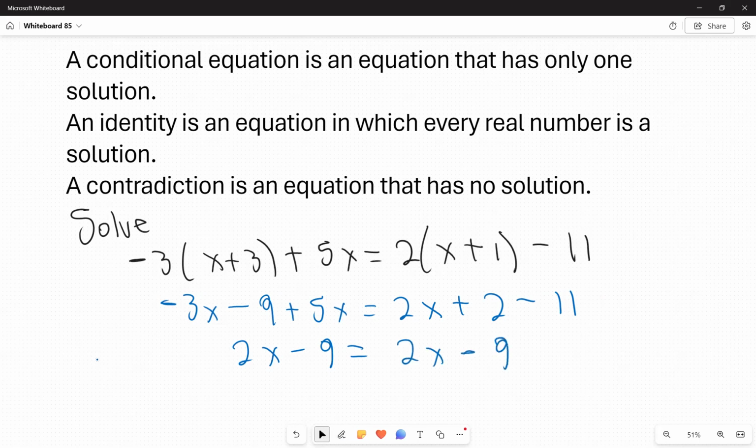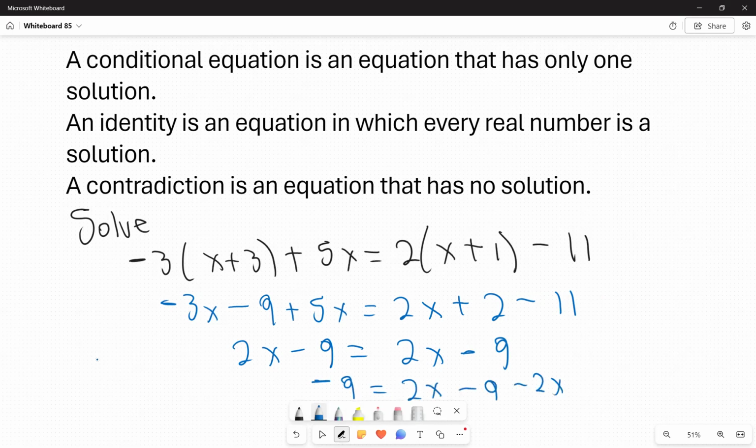So we have the same expression. We don't need to go farther than that, but if you were trying to, for example, passing the 2x to the other side, you would have -9 equals 2x minus 9 minus 2x.